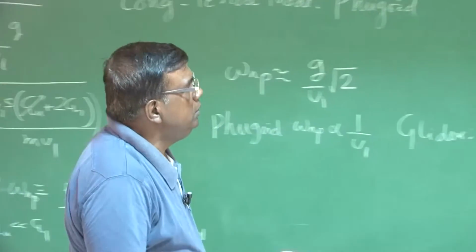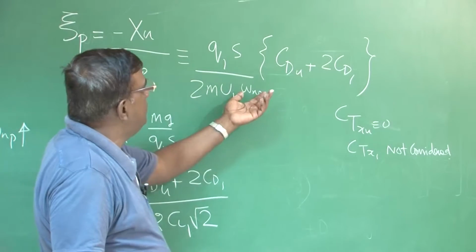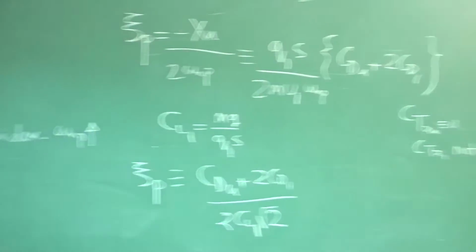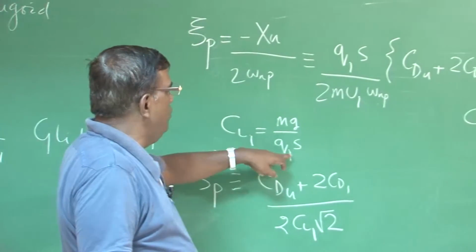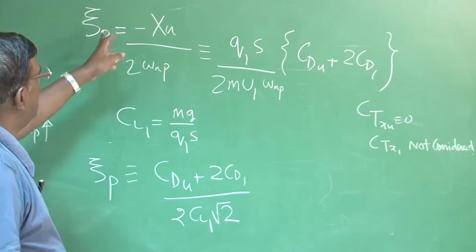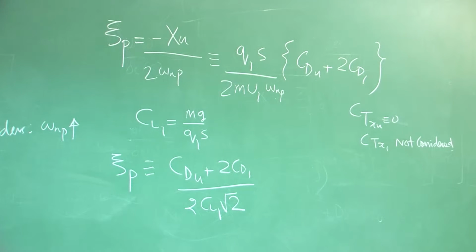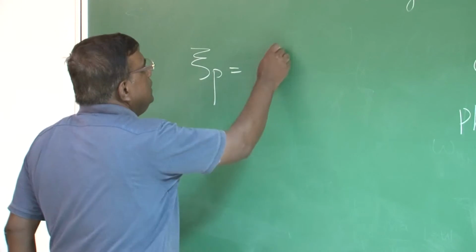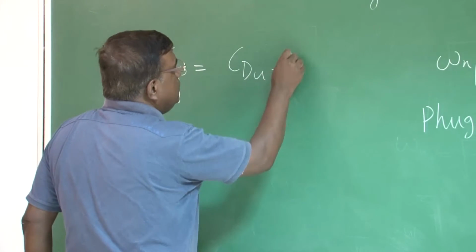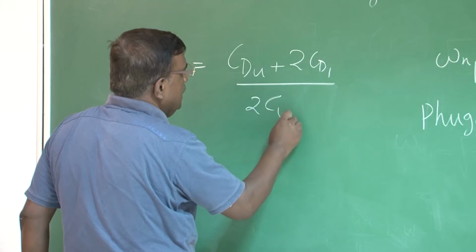What you have to do to get this expression is, you have to put the omega np approximate expression, use CL1 equal to mg by Q1s, and then you can modify this expression to zeta p equal to CDU plus 2 CD1 by 2 CL1 root 2.